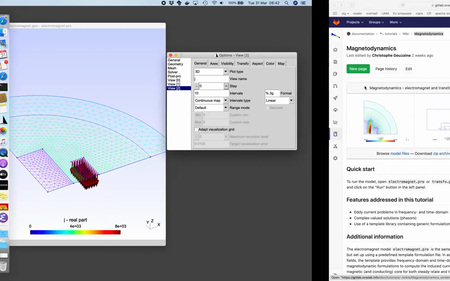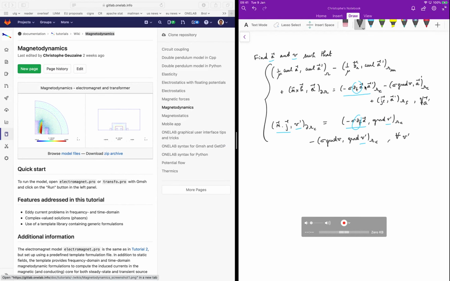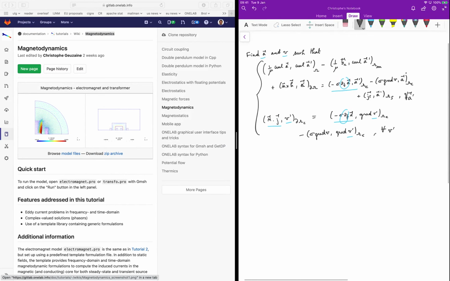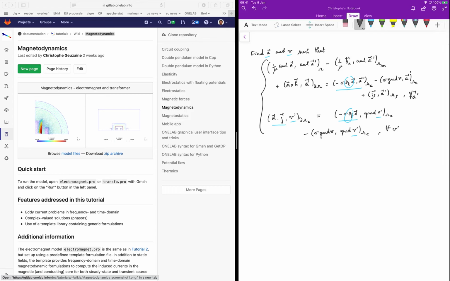And so how did we go about to obtain this? So let's go back to the formulation that we had. And so what we did is the following. So in order to work in the frequency domain, we did 2 things. So first, we assumed that BR was 0 in such a way that we had no constant in time source term in the equations.